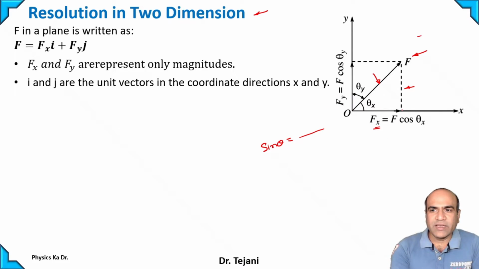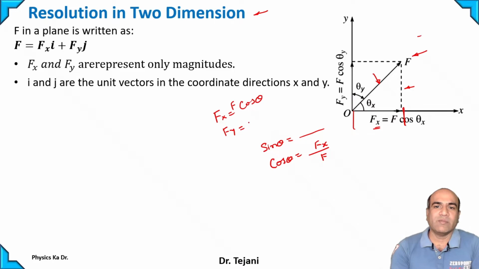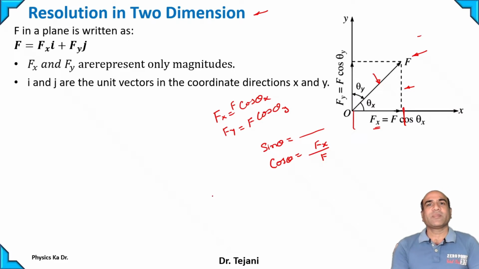Similarly here, if I need this side, I need cos theta, which is equal to this side, Fx, divided by hypotenuse F. So ultimately we can find Fx is equal to F cos theta, and Fy becomes F sin theta, but here it is x, here it is y.